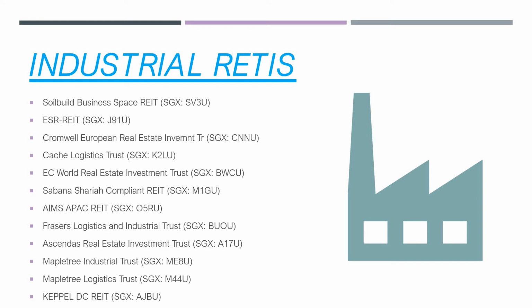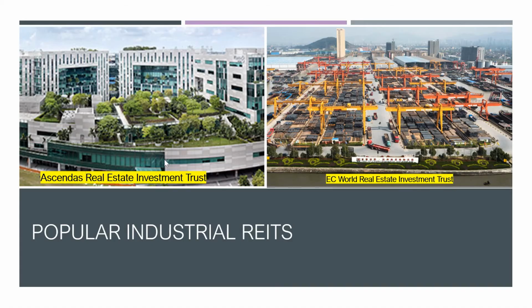They own 35 warehouses in Australia, and there are also about 20 to 30 in Europe. Yeah. So these are the popular ones: Frasers Logistics and EC World.